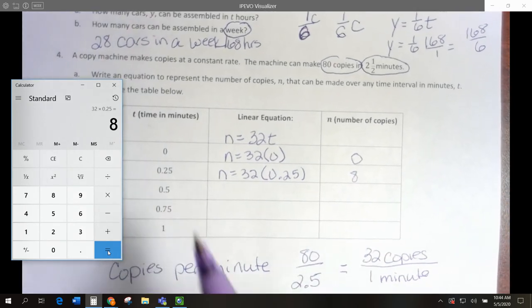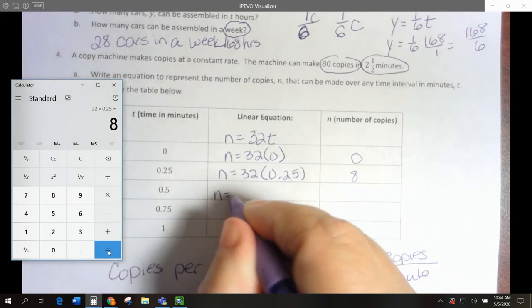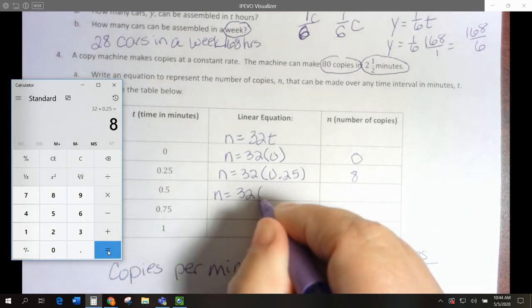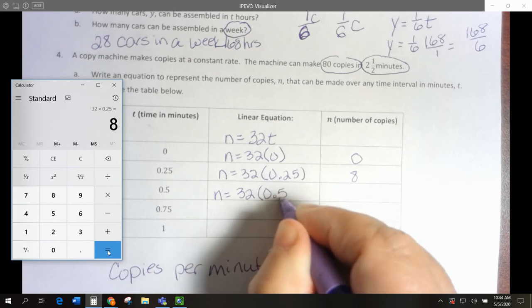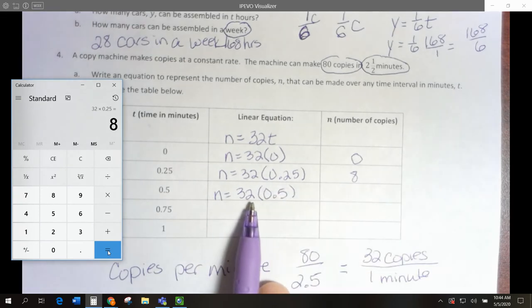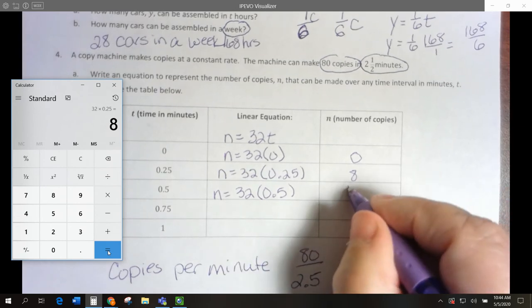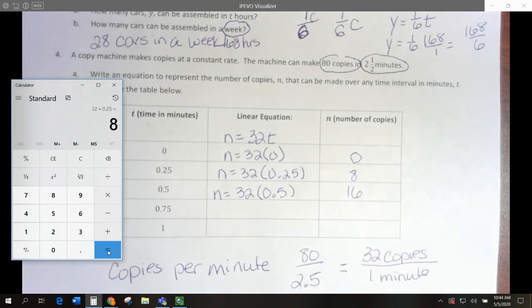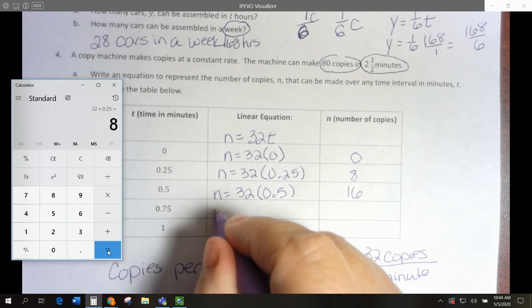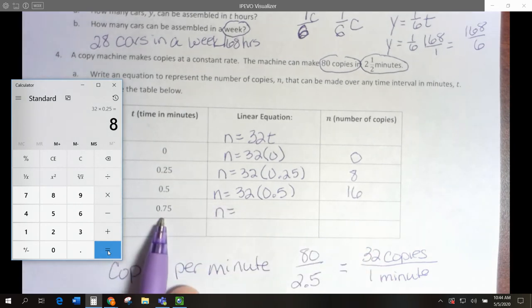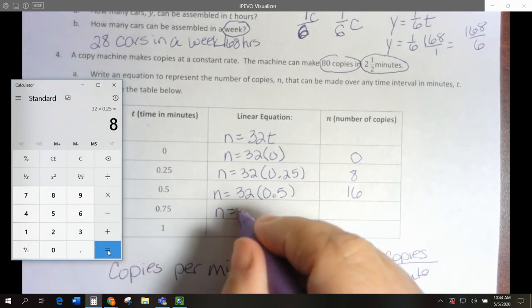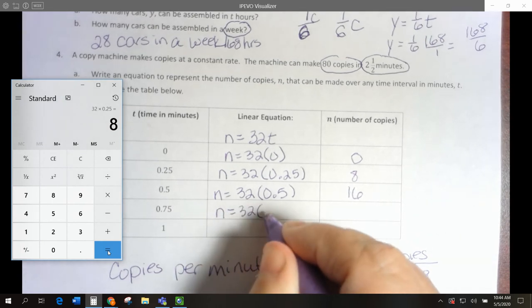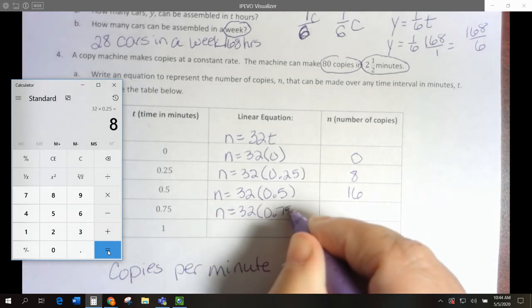What about in half a minute? Well, what's 32 times 0.5? That means 32 times half. What's half of 32? 16. If n is 0.75 minutes, then it'd be 32 times 0.75.